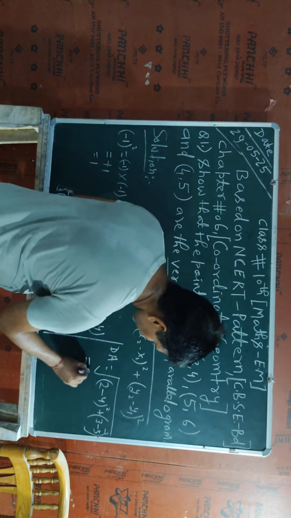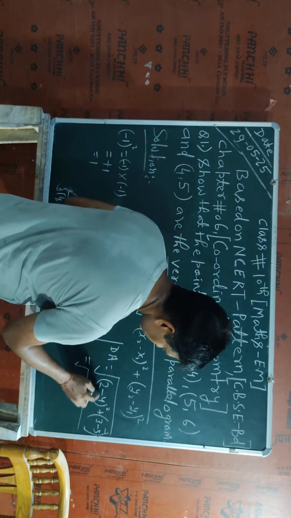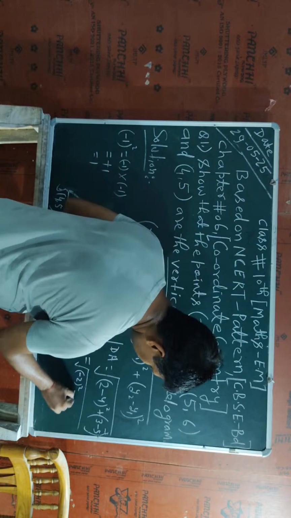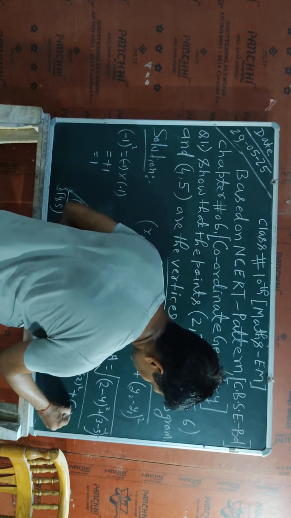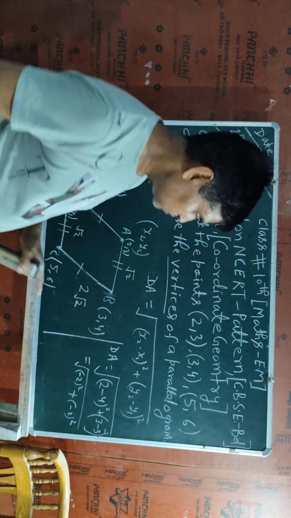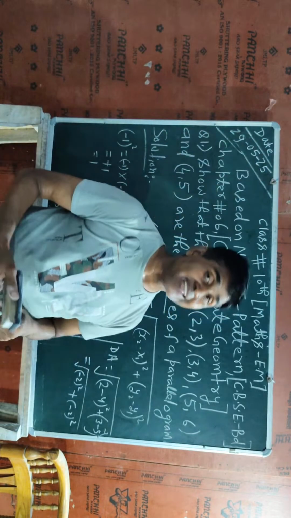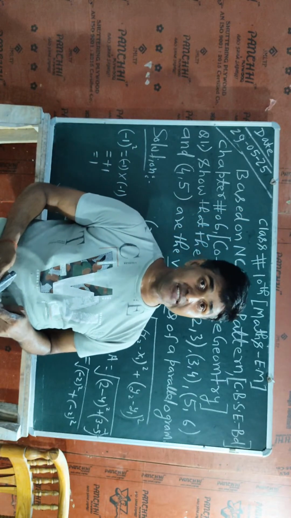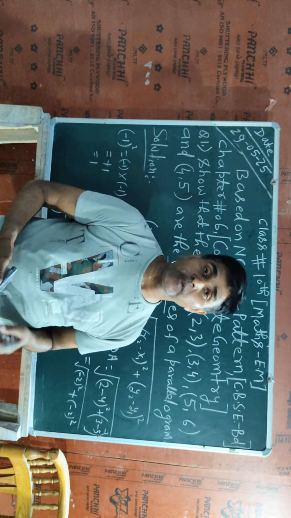So after simplifying, 2 minus 4 will be minus 2 whole square, and plus minus 2 whole square. Here there are two signs available, one is plus and the other is minus, so subtraction is very easy. We have to subtract it.